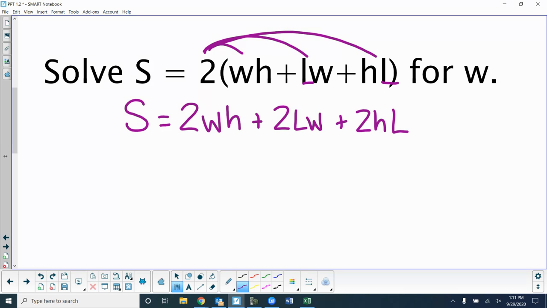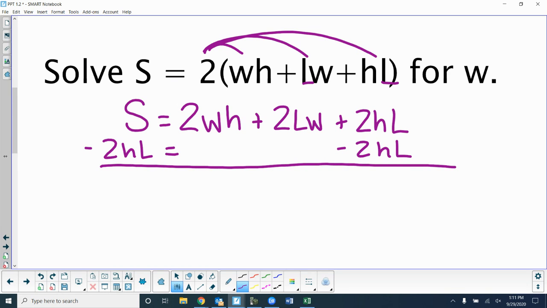Again, my goal is to get W alone. There's 2 W's on the right, so let's just work on getting anything that's not got a W with it on the other side. So this is addition. To move to the opposite side, do subtraction, right? Do the opposite. So these are not like terms, so just write it: S minus 2HL.